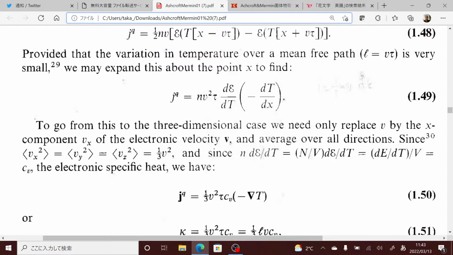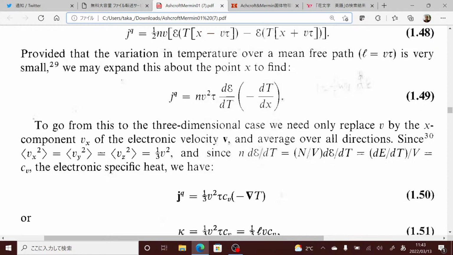To go from this to the three-dimensional case, we need only replace v by the x component v_x of the electronic velocity v and average over all directions.